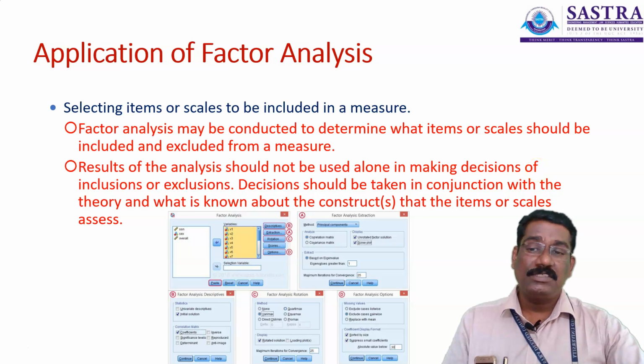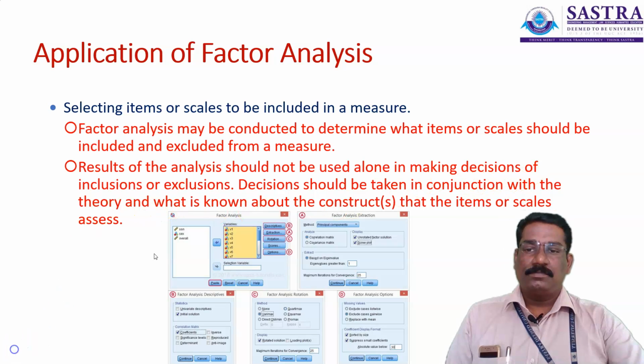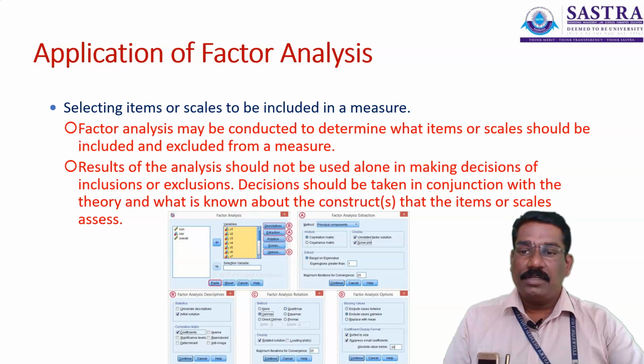Okay. Next one is selecting the items or scales to be included in a measure. If you look at selecting the items or scales to be included in a measure, factor analysis may be conducted to determine what items or scales should be included and excluded from a measure by looking at the extraction values and also the factor loading score of the respective variable.